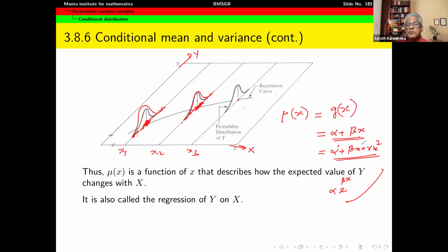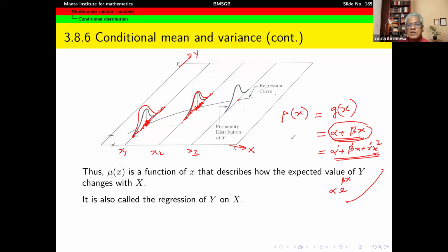Here the parameter beta has power 1, parameter gamma has power 1. So even though this expression is quadratic in terms of x, it is linear in the parameters. Therefore this is also a particular type of linear regression function.